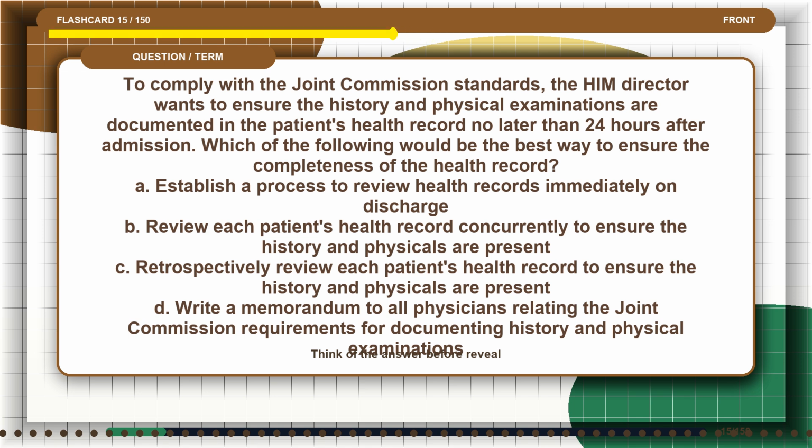B. Review each patient's health record concurrently to ensure the history and physicals are present. C. Retrospectively review each patient's health record to ensure the history and physicals are present. D. Write a memorandum to all physicians relating the Joint Commission requirements for documenting history and physical examinations.